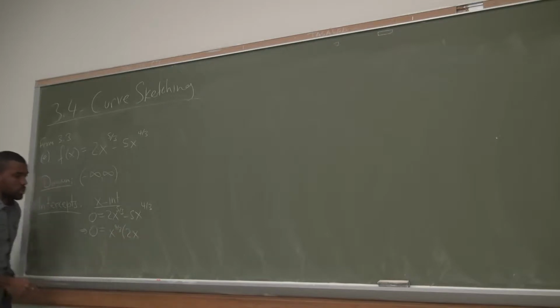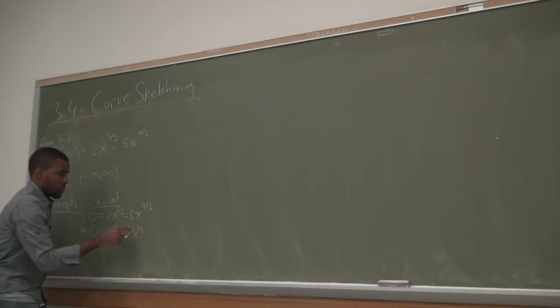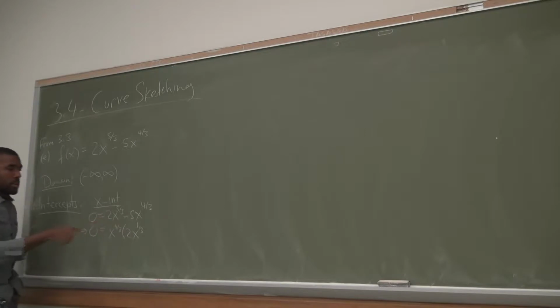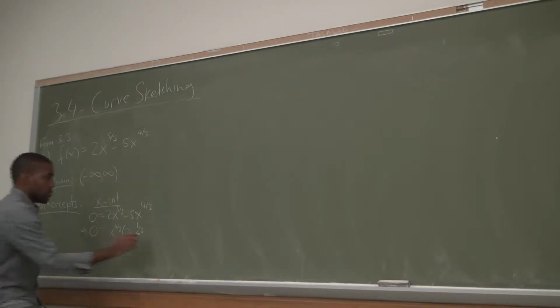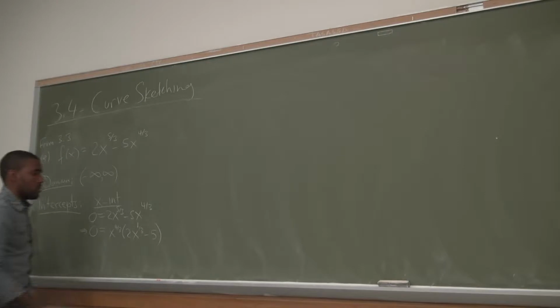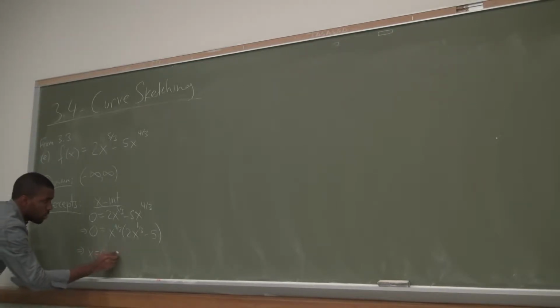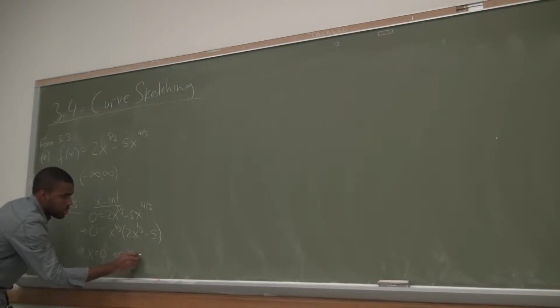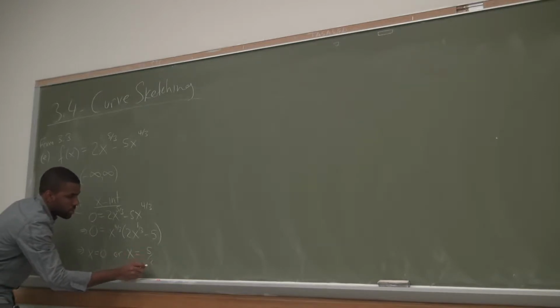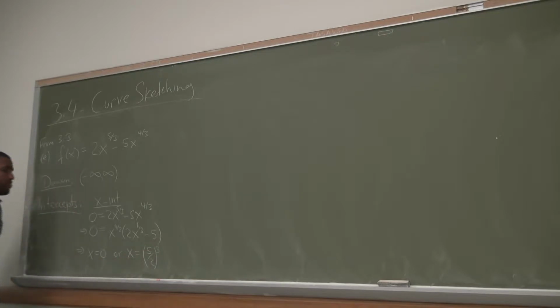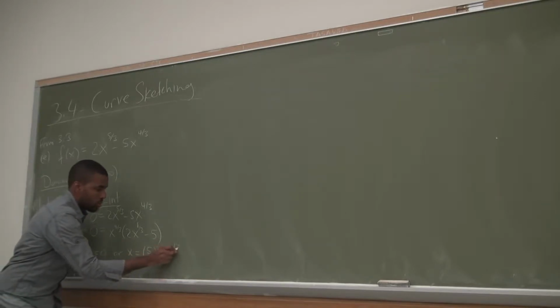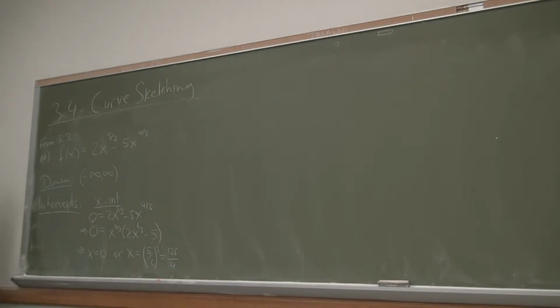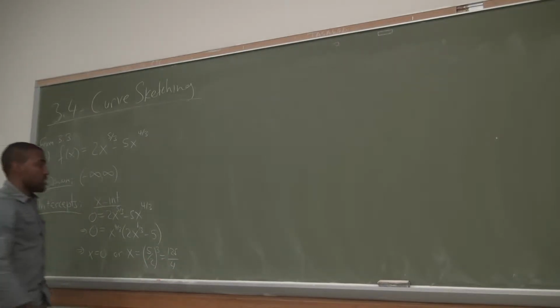This leaves us with 2x to the 1/3, since you take 5/3 minus 4/3, minus 5, and you set that equal to 0. This means x equals 0, or x equals, you bring the 5 over, divide by 2, and then you take the cube. That's 125 over 8. So those are your x-intercepts.